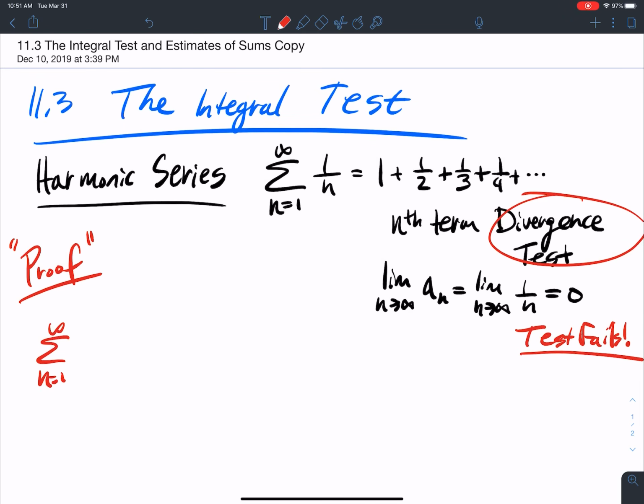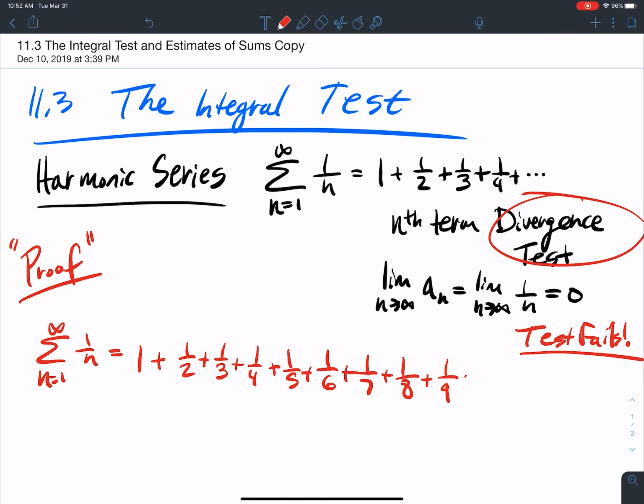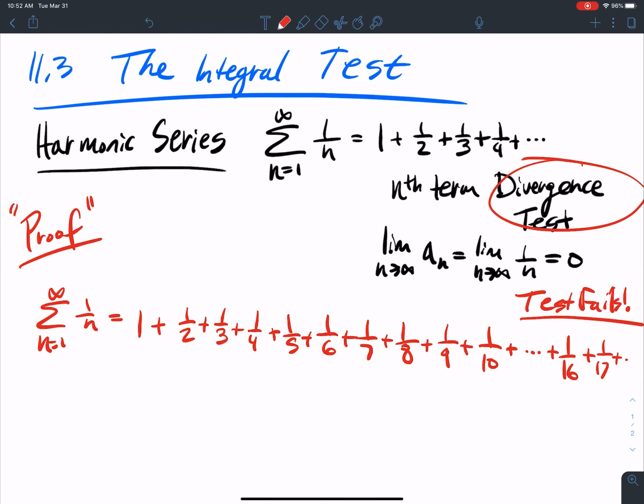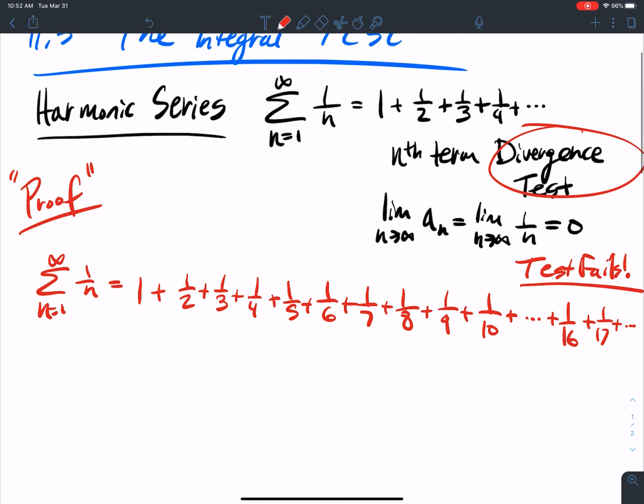The sum from n equals 1 to infinity of 1 over n is equal to 1 plus 1 half plus 1 third plus 1 fourth plus 1 fifth plus 1 sixth plus 1 seventh plus 1 eighth plus 1 ninth plus 1 tenth plus dot dot dot plus 1 over 16 plus 1 over 17 plus dot dot dot. All right, you get the picture, right? Kind of annoying how we did this.